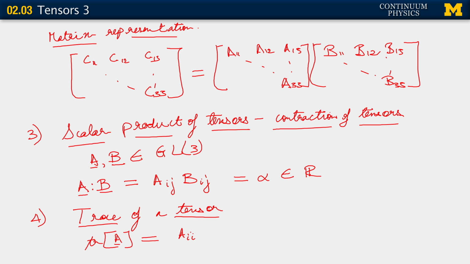Observe that the index I has been repeated, and therefore there is a sum implied over it. This simply works out to A11 plus A22 plus A33. If you were to carry out the calculations, you will discover that the trace of a tensor is invariant with respect to basis.